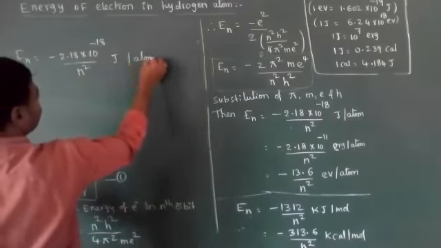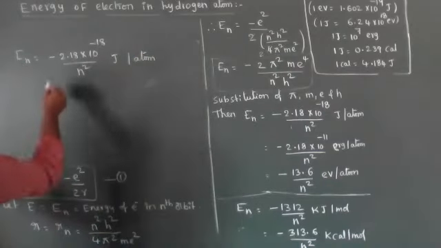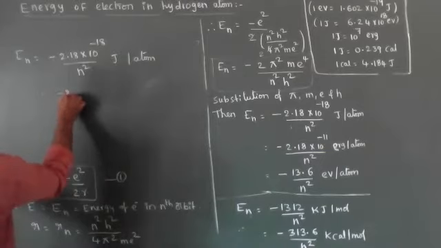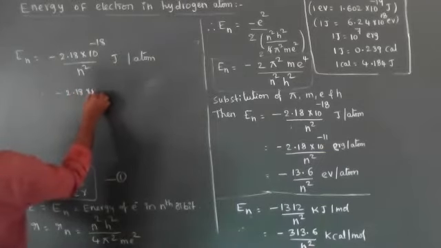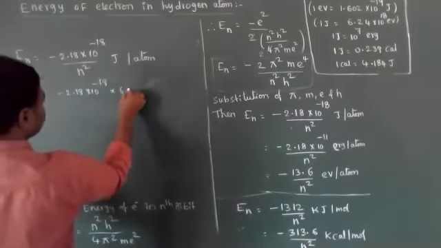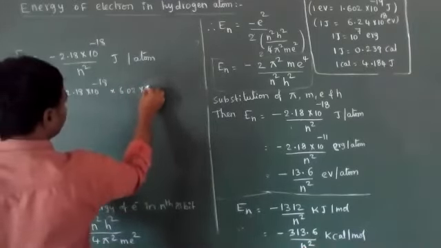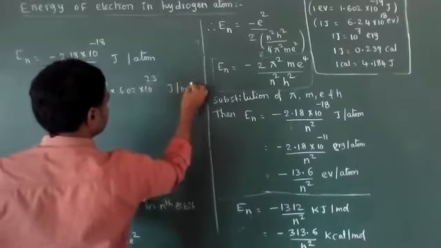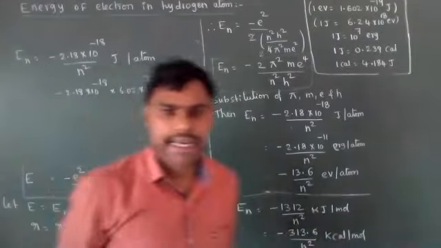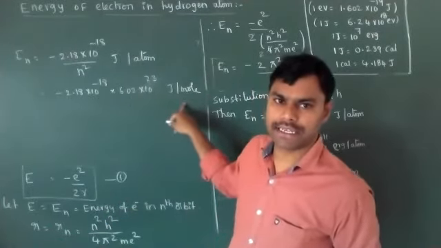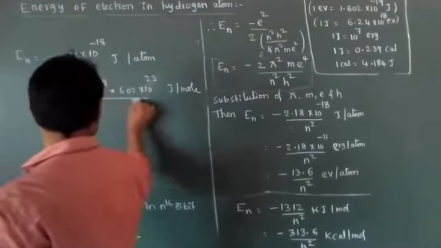Okay students, now I want to convert this into joules per mole. Minus 2.18 into 10 to the power of minus 18 into 6.02 into 10 to the power of 23 joule per mole, because 1 mole contains how many atoms? 6.023 into 10 to the power of 23, by n square.